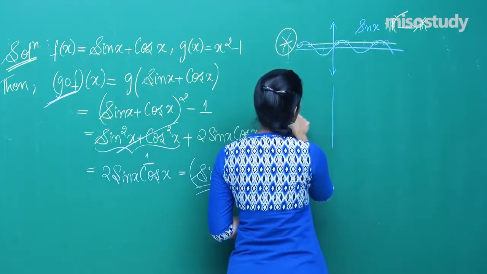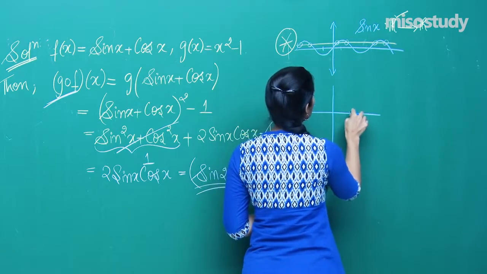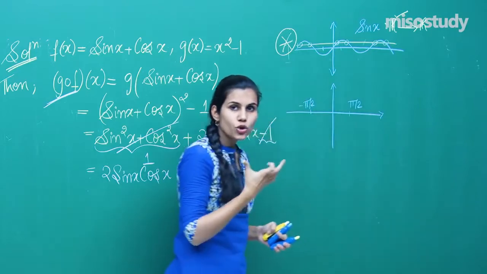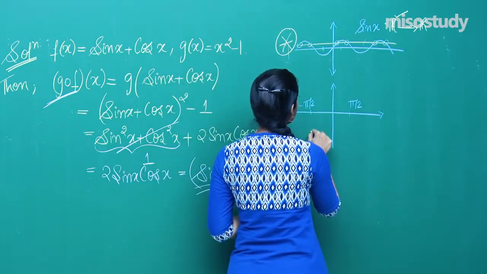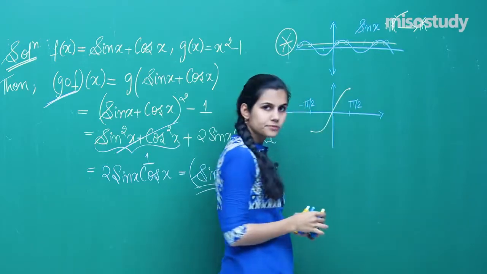Because when you restrict sine to the interval minus pi by 2, pi by 2, that means you shorten the domain of sine, and corresponding to this domain, the sine function reacts in this manner.